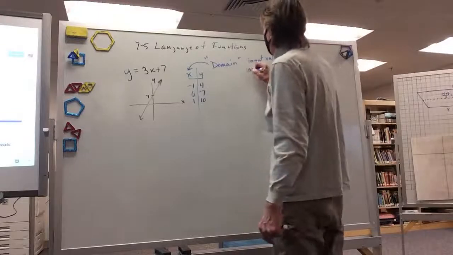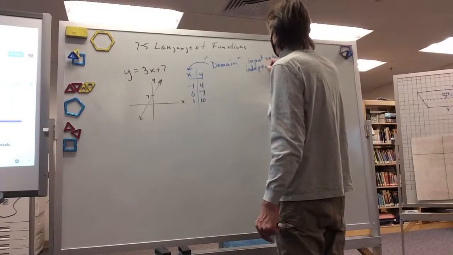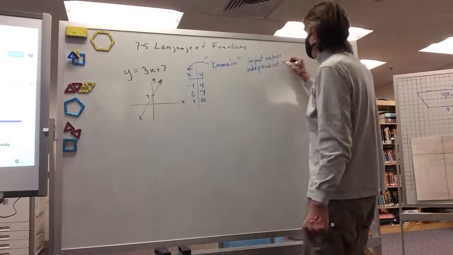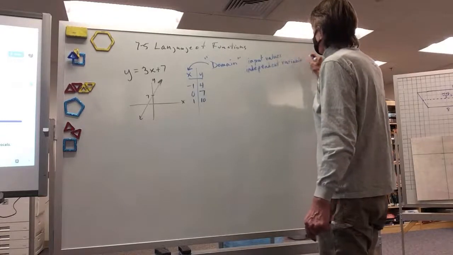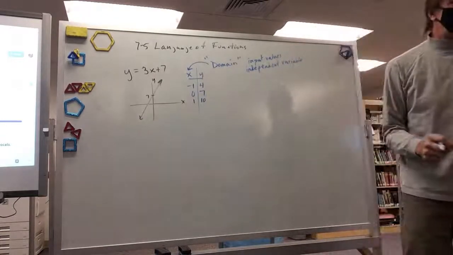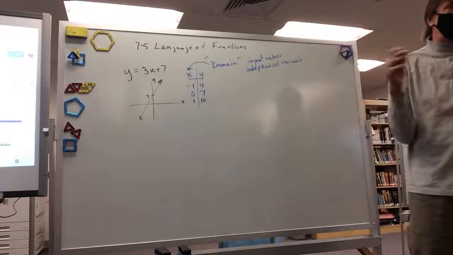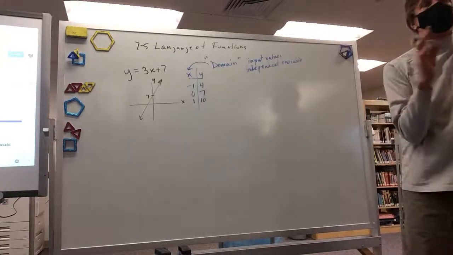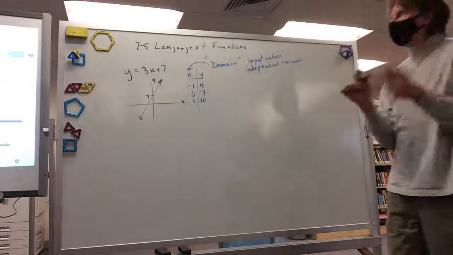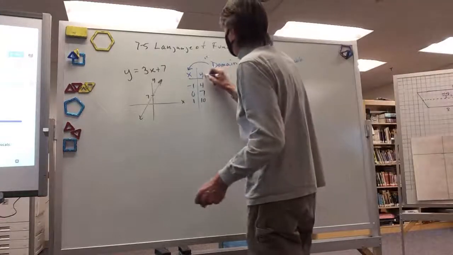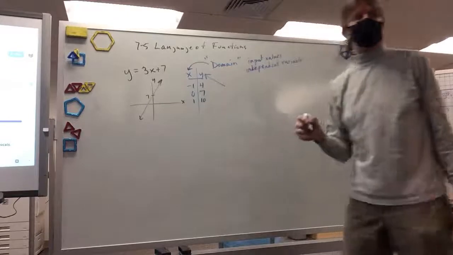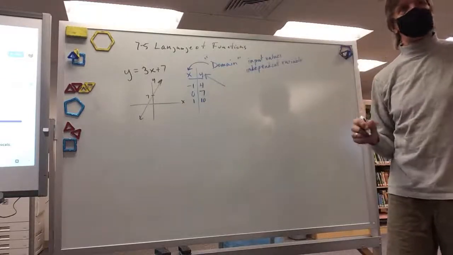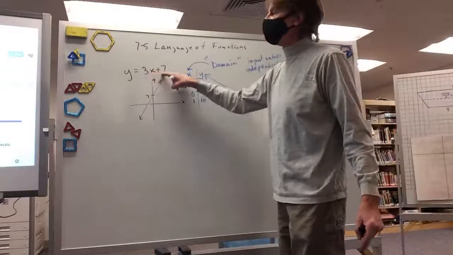This is the independent variable. And the reason it's independent is because its value doesn't rely upon something else. It's independent. Whereas the y values, those are dependent variables because the y depends upon what that equation says.